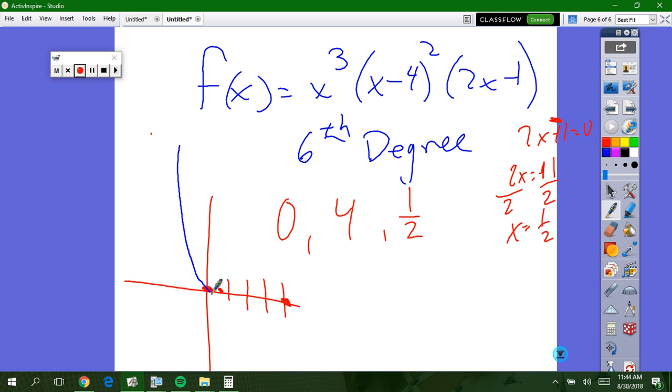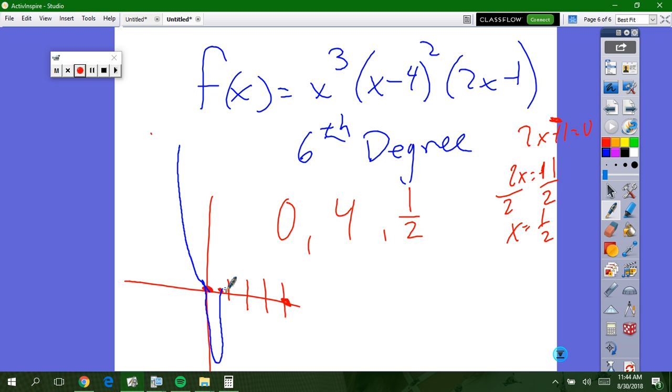Is it odd or even multiplicity? Odd, right? So do I cross or do I bounce? It's an odd multiplicity, so I cross. Now I don't care if you go all the way down, but I know sooner or later I'm going to come up right there. Now, could it be just barely under it once you sketch? Yeah.